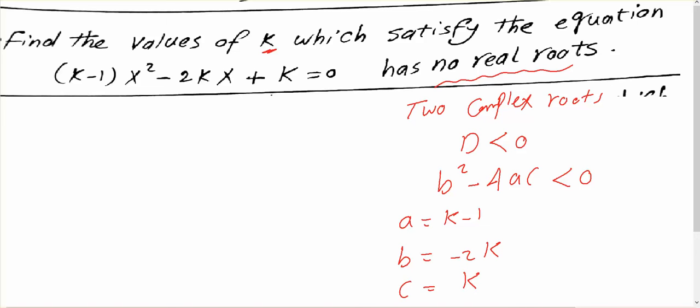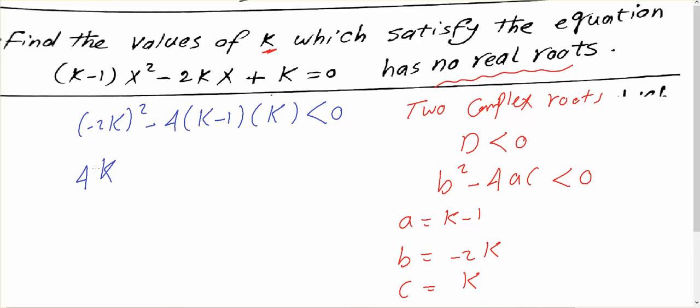b square minus 4ac: negative 2k all power 2 minus 4 times (k minus 1) times k, all of this smaller than 0. Negative 2k all power 2 equals 4k power 2, minus 4.